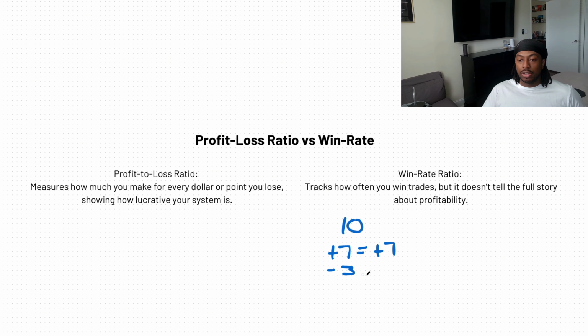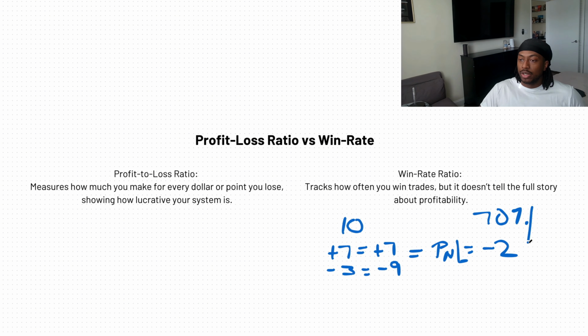Each trade that I lose is $3, so if I lose three trades, I lost a total of $9, which means my P&L, or overall profit and loss, will be negative $2, even though I have a strong 70% win rate out of 100%.